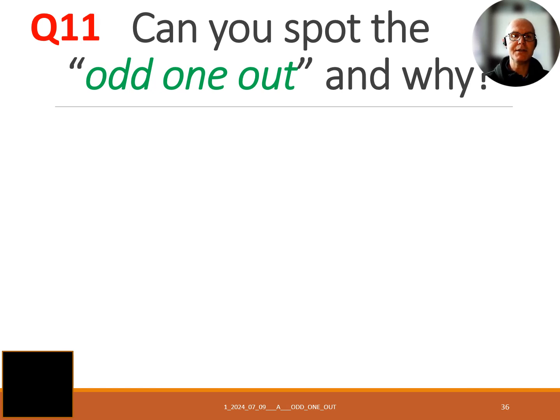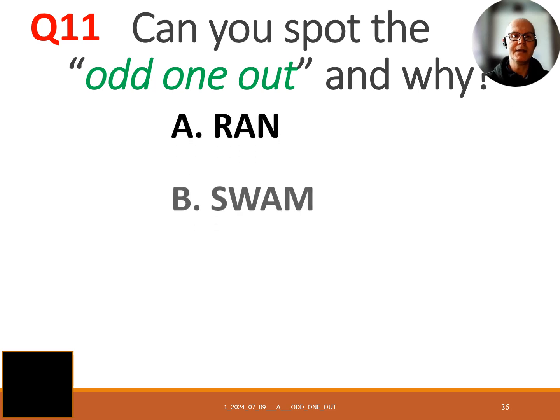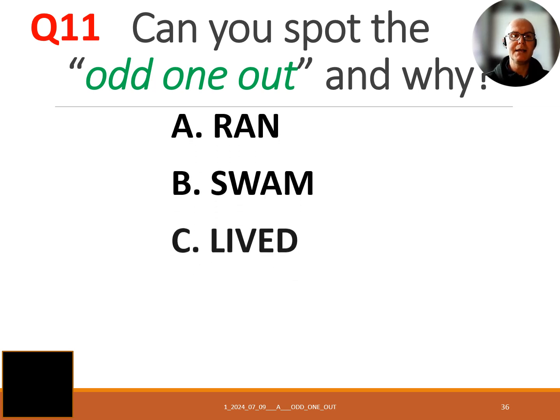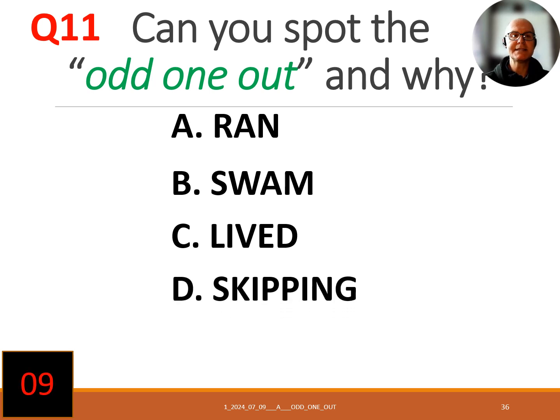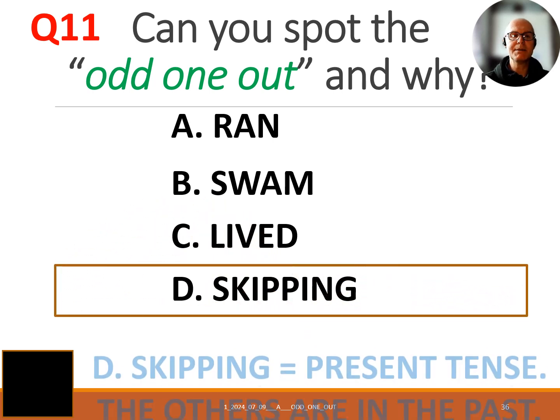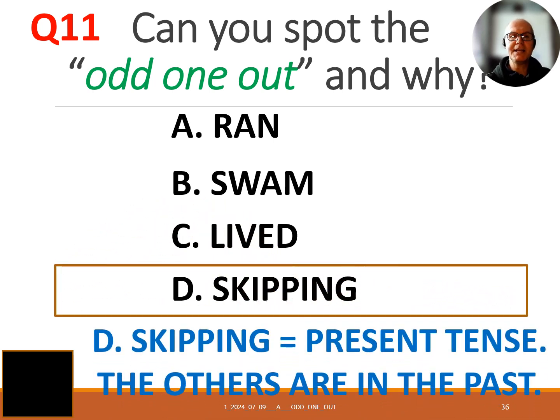Question 11. A, ran, B, swam, C, lived, and D, skipping. What's the odd one out from these four words and why? The answer is skipping, because skipping is the present tense.